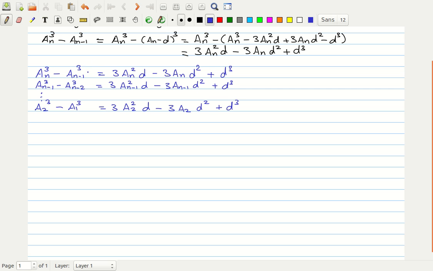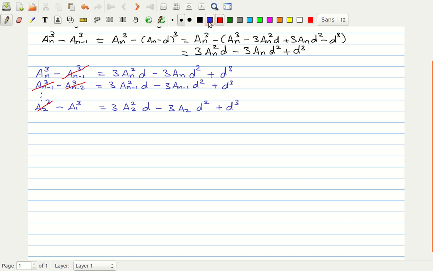We can add the left hand sides of all the equations and the right hand sides of all the equations. What happens if we add the left hand side? We see that a(n minus 1) cube and minus a(n minus 1) cube will cancel. This term over here will cancel with this term, and similarly a(n minus 2) cube will cancel with the next row, and a2 cube will cancel with the previous row.